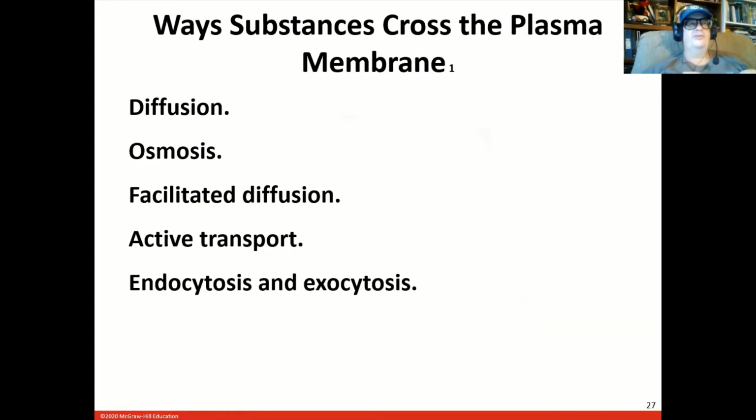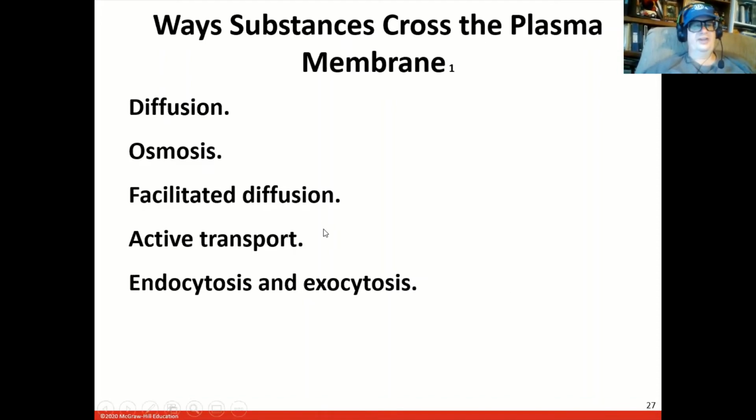Diffusion, I already told you, is the movement of solutes, little things that are dissolved, ions or molecules. Osmosis is the movement of water, the solvent. It can help you remember, to think that osmosis begins with O, and osmosis is the movement of water.